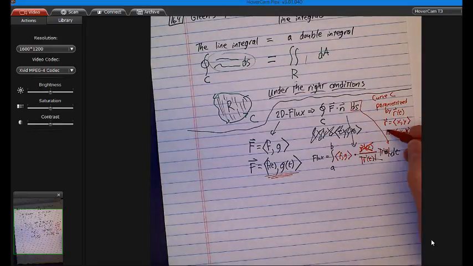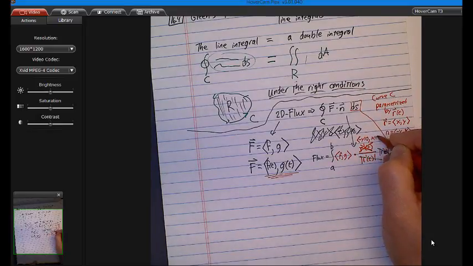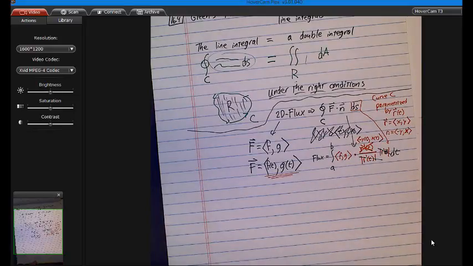So I'll throw this in here, negative y of t, comma x of t. Gee, is that ugly? Well, let's write it down.